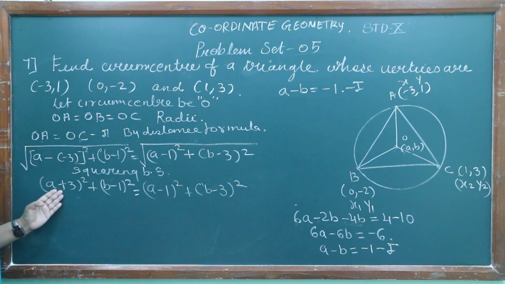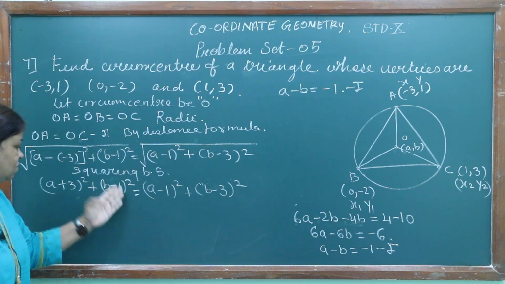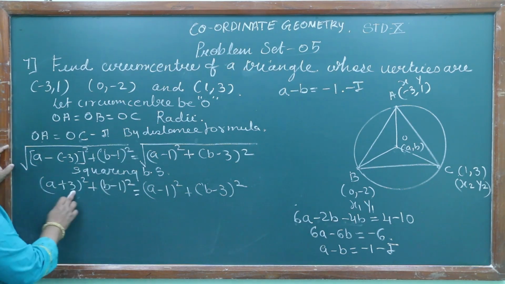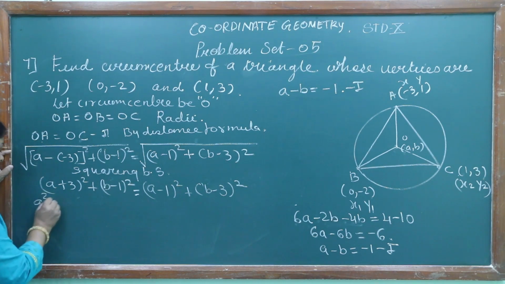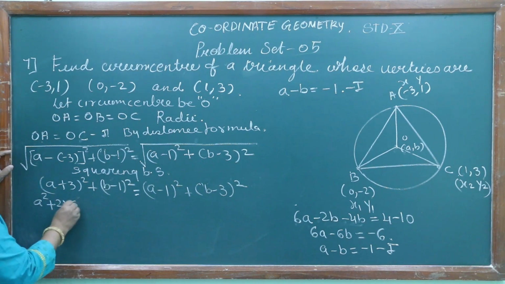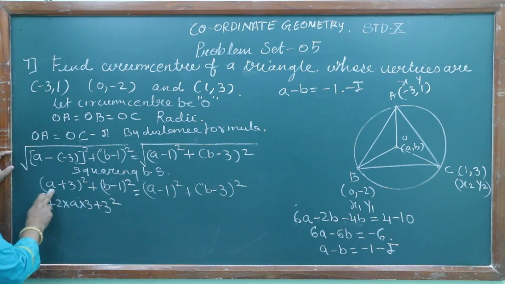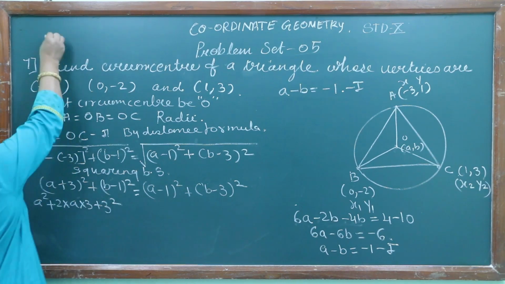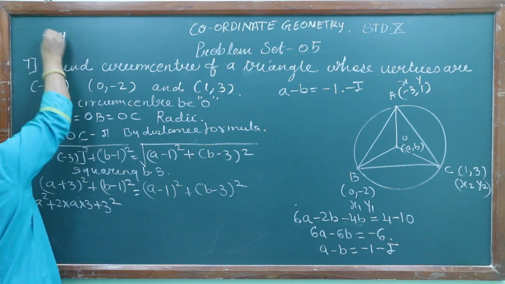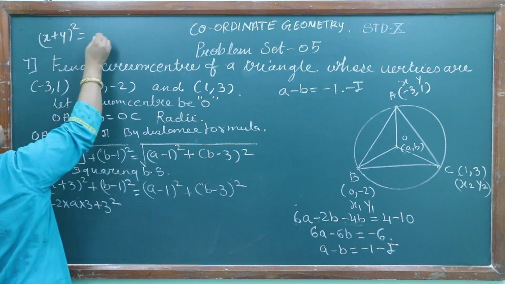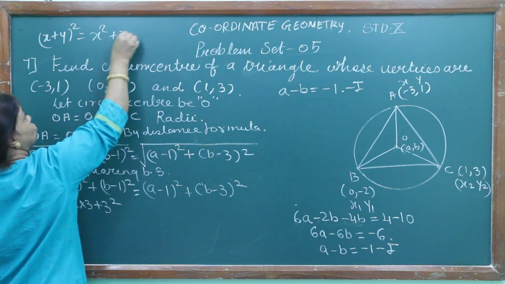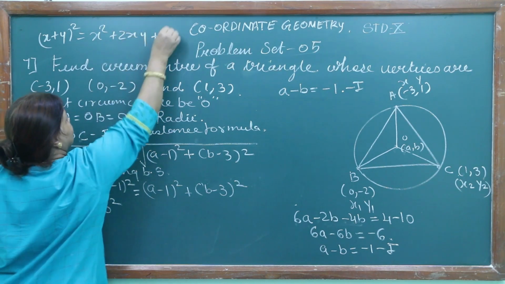Now you will use the x plus y the whole square and x minus y the whole square formulas. a plus 3 the whole square is a square plus 2 into a into 3 plus 3 square. This is the x plus y the whole square formula, which is x square plus 2xy plus y square.